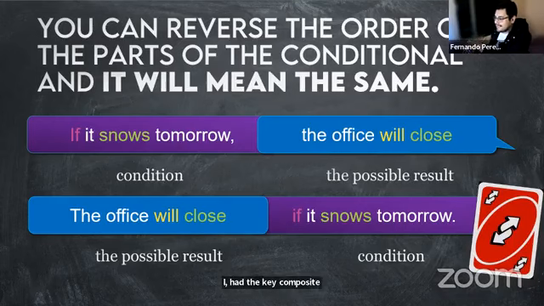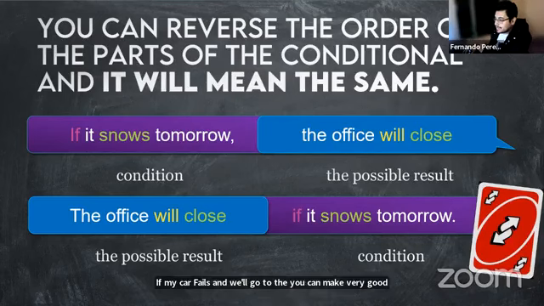Exactly. So the second also needs correction. If I pass the exam of English, I can rest this weekend. Excellent. If my car fails, I will go to the mechanic. Very good. If I can run fast, I will come to the places soon.